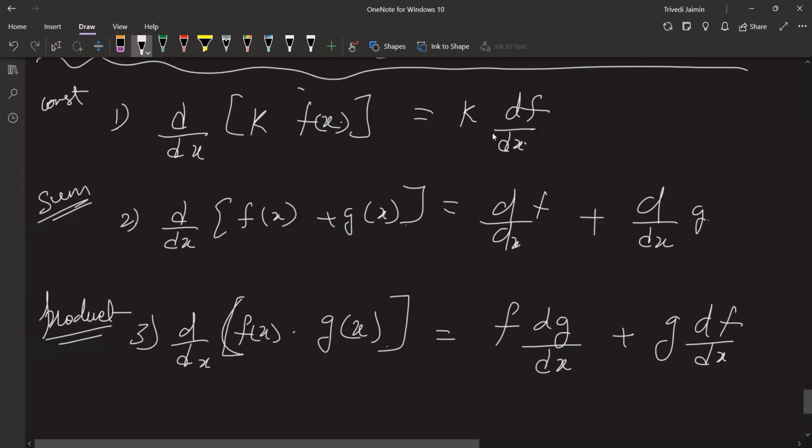First term, we are differentiating g, keeping f constant. Plus, we are keeping g constant, we are differentiating f. Either way this can be placed here or here, because there is no negative sign, so it won't make much difference. Clear with product rule?